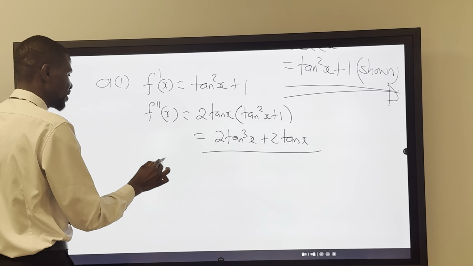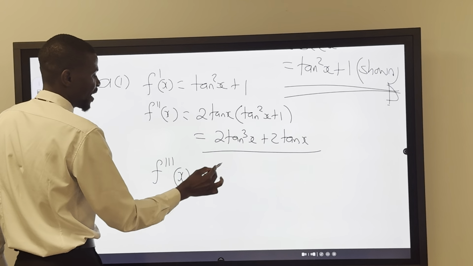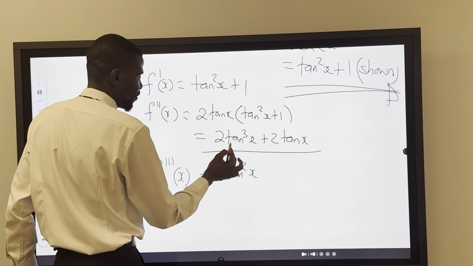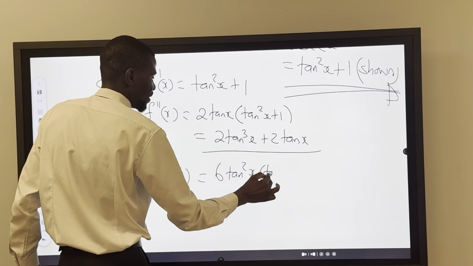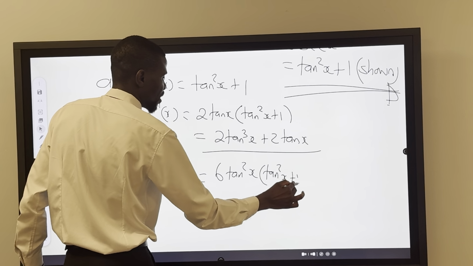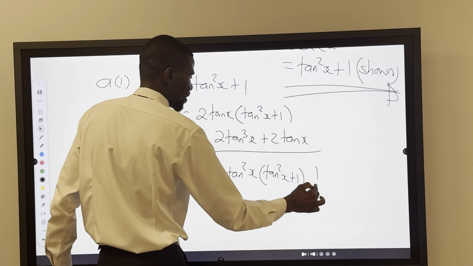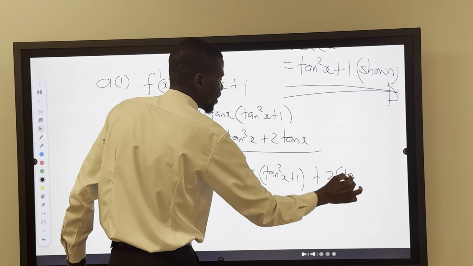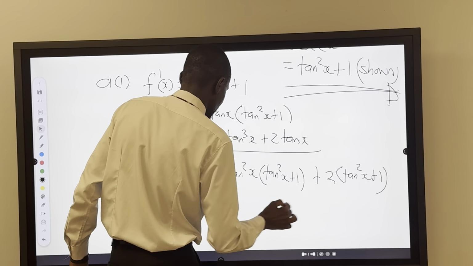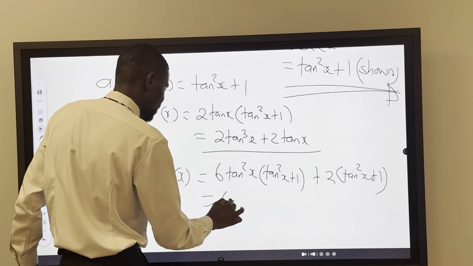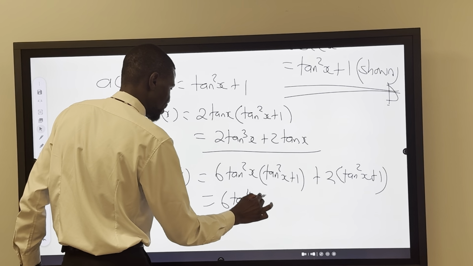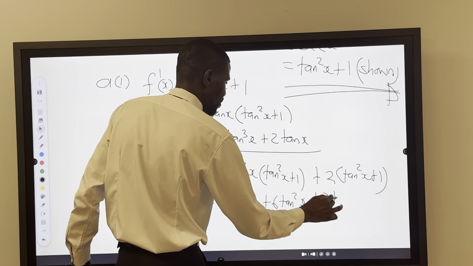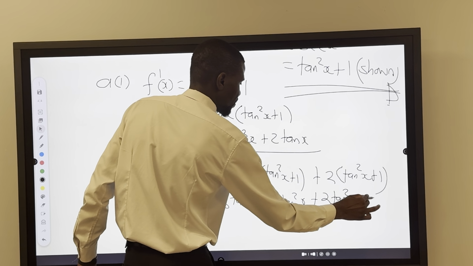Now to get the third derivative, again we bring down the power, so we have 6 tan squared x. Then if we differentiate tan, we get sec squared x, that is tan squared x plus 1. Then plus 2, and if we differentiate tan, we get sec squared x, which is tan squared x plus 1. When expanding, I get 6 tan to the fourth x plus 6 tan squared x plus 2 tan squared x plus 2.